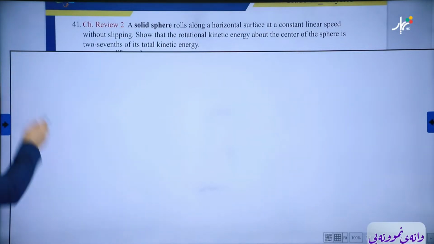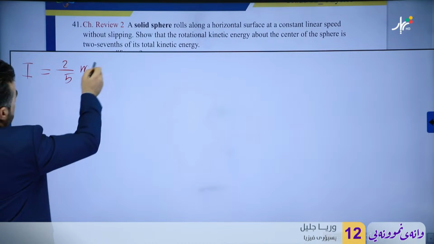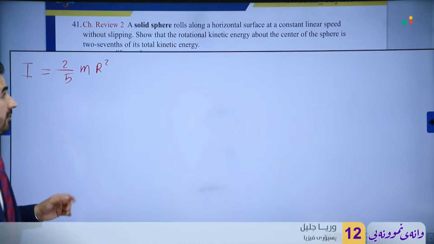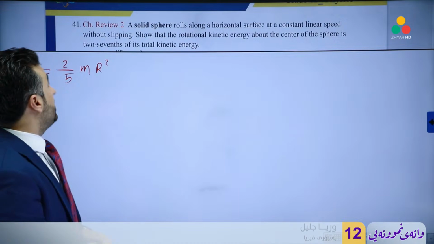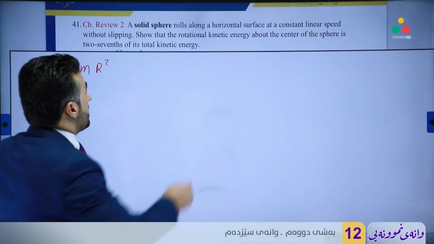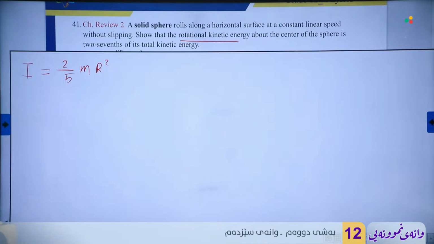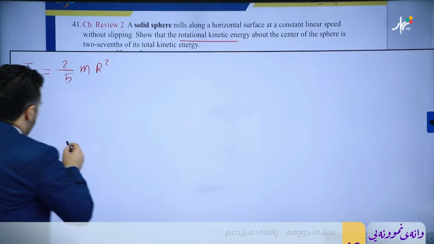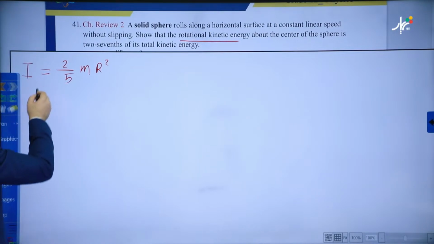By the way, we have a solid sphere, so the moment of inertia of a solid sphere is 2 over 5 mass times the radius squared. You do know this. Now the question is, it moves at a constant linear speed without slipping. Show that the rotational kinetic energy about the center is 2/7 of its total kinetic energy. So we have rotational energy, kinetic energy, of course.